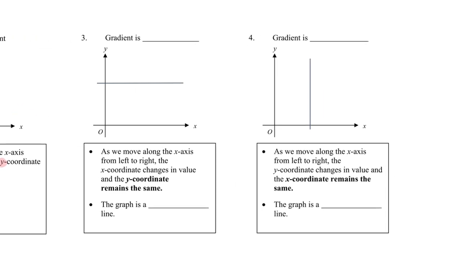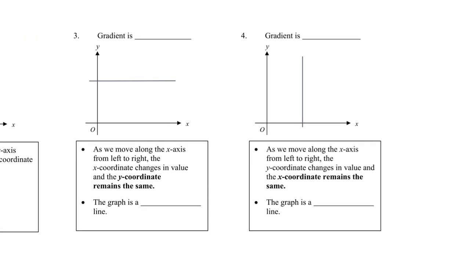Now as we move to the next gradient, which is a horizontal line, the y coordinate remains the same. The gradient is actually 0. It's a measure of steepness.